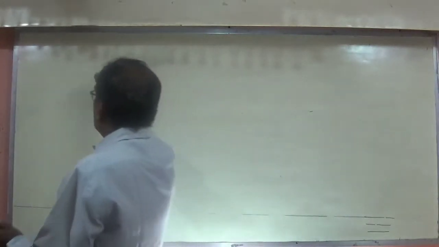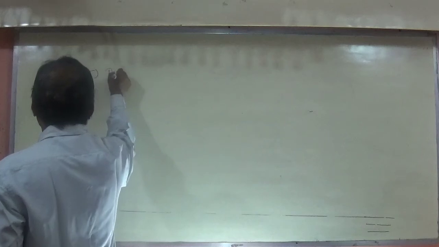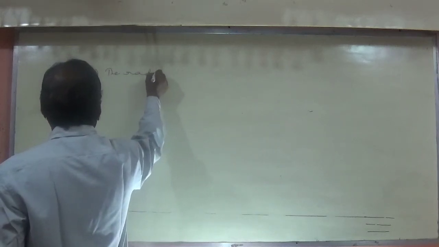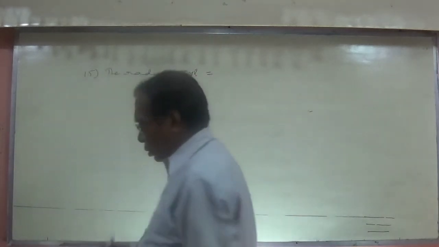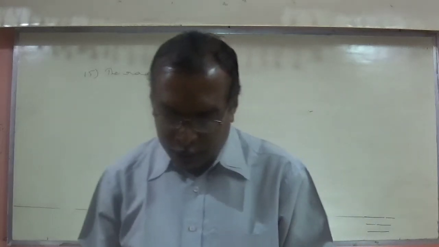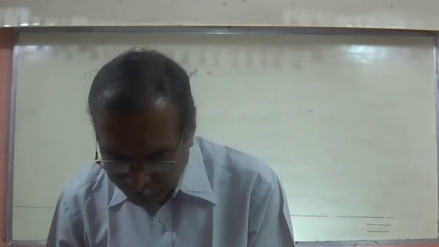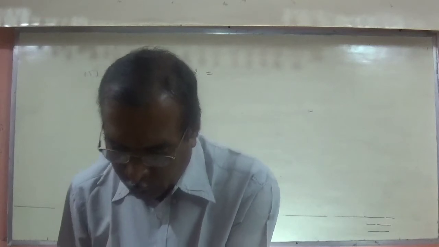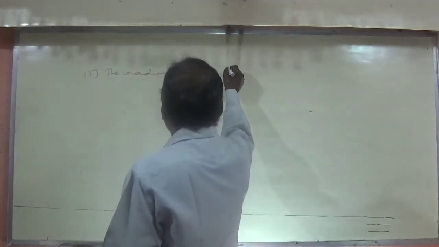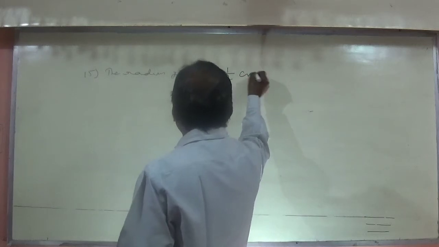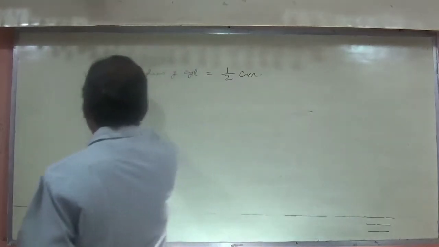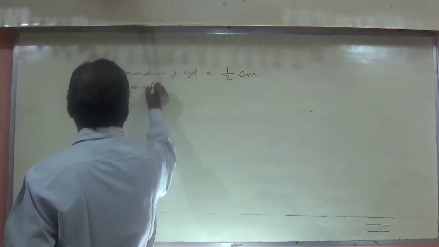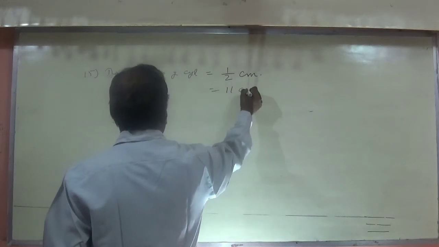So question number 15. The diameter is given as 1 centimeter, so the radius will be 1 by 2 centimeter, and the length is given as 11 centimeter.